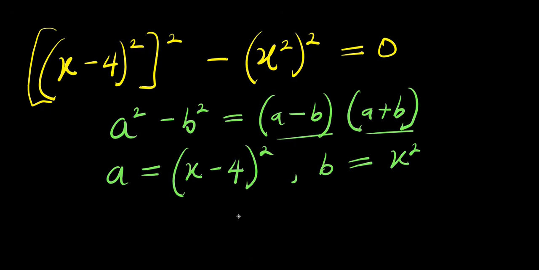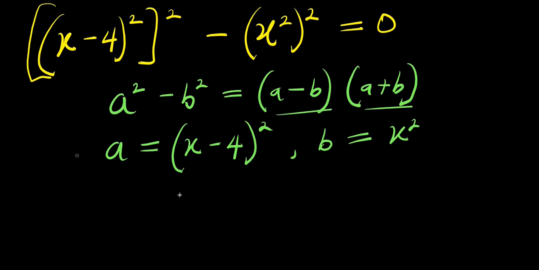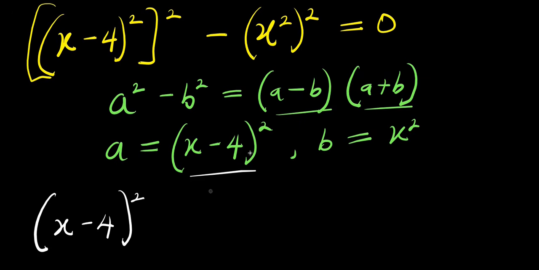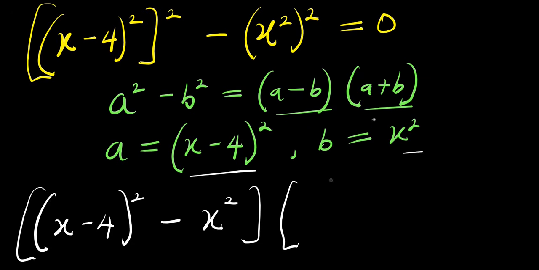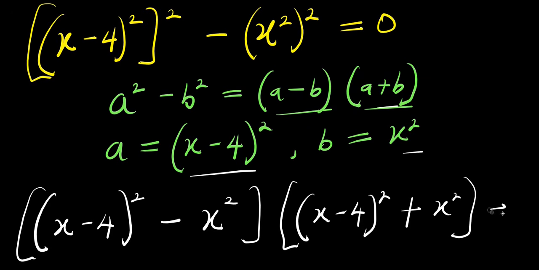That means we are simply going to have a minus b. That means our a is (x - 4)^2, minus b is x^2, times a plus b, that's (x - 4)^2 plus x^2, and this equals 0.